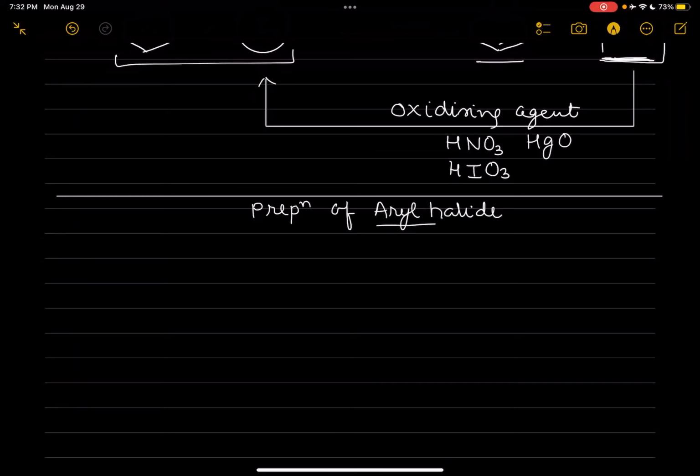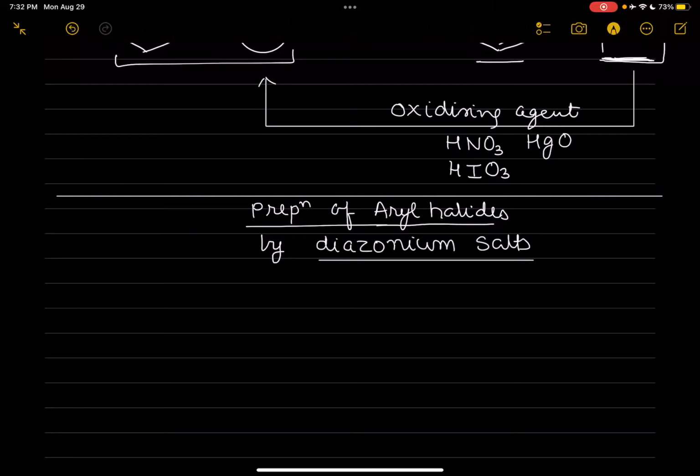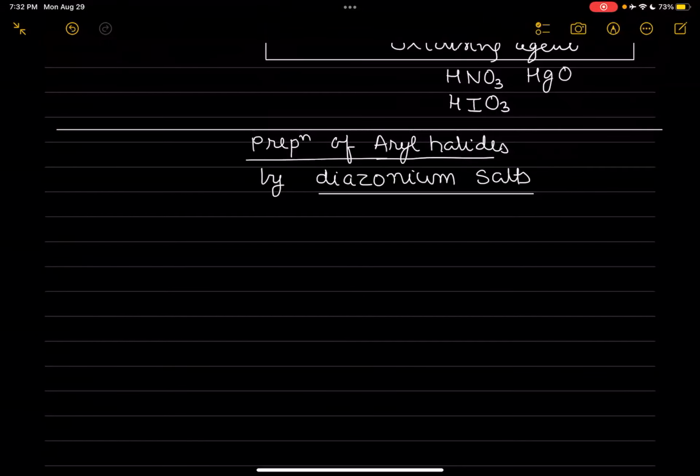So aromatic halides we were preparing. What's new? An alternate method, not directly. It is via diazonium salts.